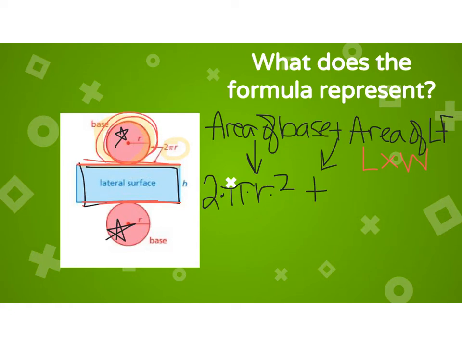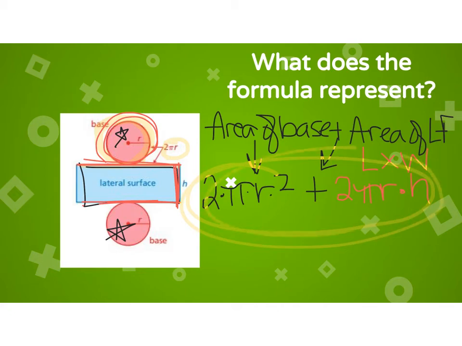So that's how we find circumference, which would be 2 pi times the radius. And then if we multiply it times the width, that's right there. That's the height of the entire thing. So that's where that formula comes from. And like I said, it's going to be very, very important that you know that formula and know how to use it. So make sure that you are using it.